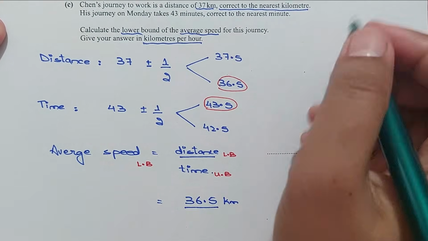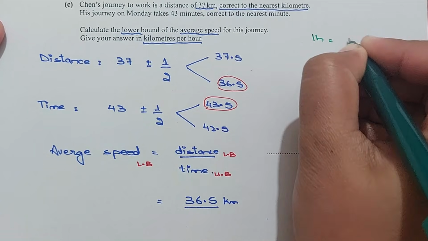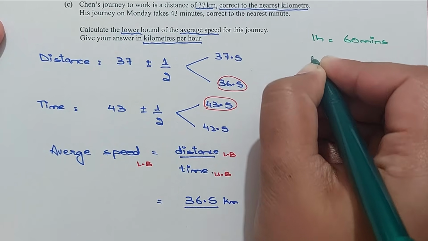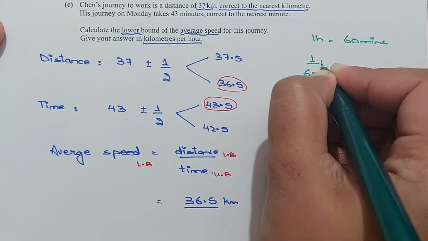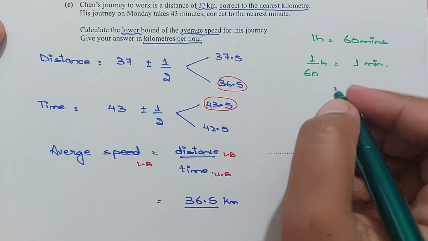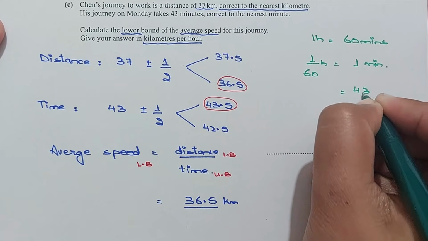So using the conversion that 1 hour has 60 minutes, right? So 1/60 hours is 1 minute, right? We have to find for 43.5 minutes.